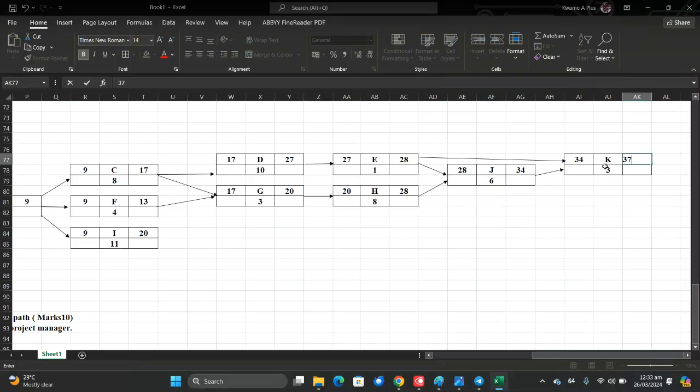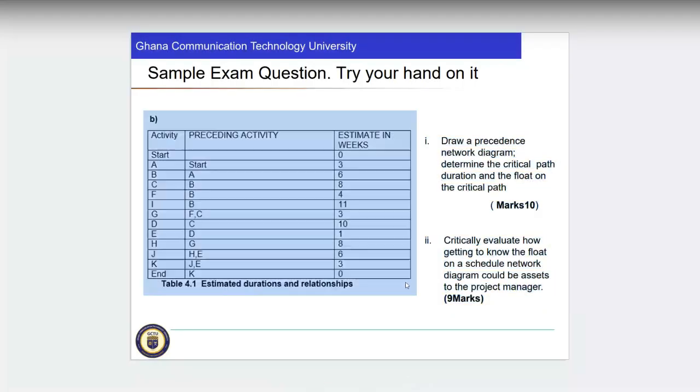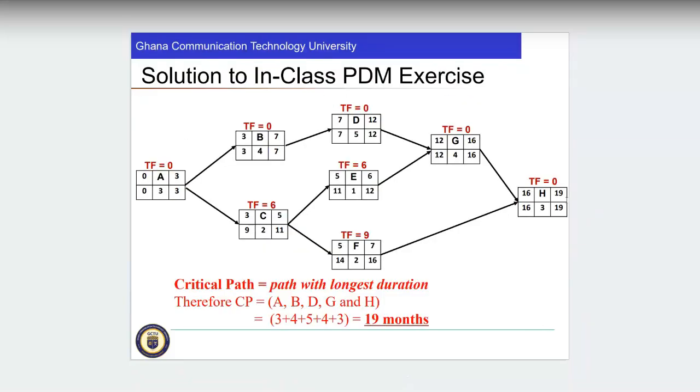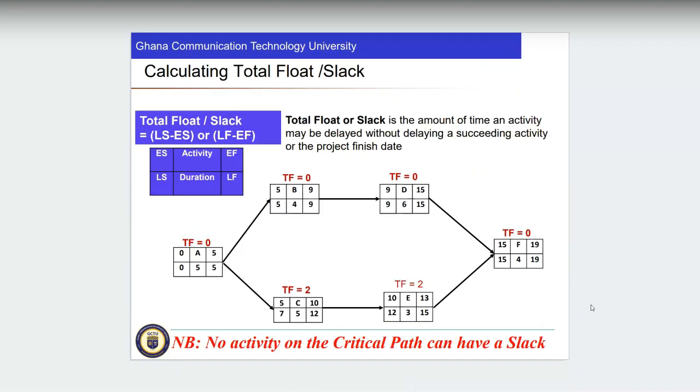So the last figure should always tell you the length of the critical path. If you don't get the last figure as the critical path, you are wrong, no matter what. In all the assignments we've done so far, look at this last figure, the critical path.